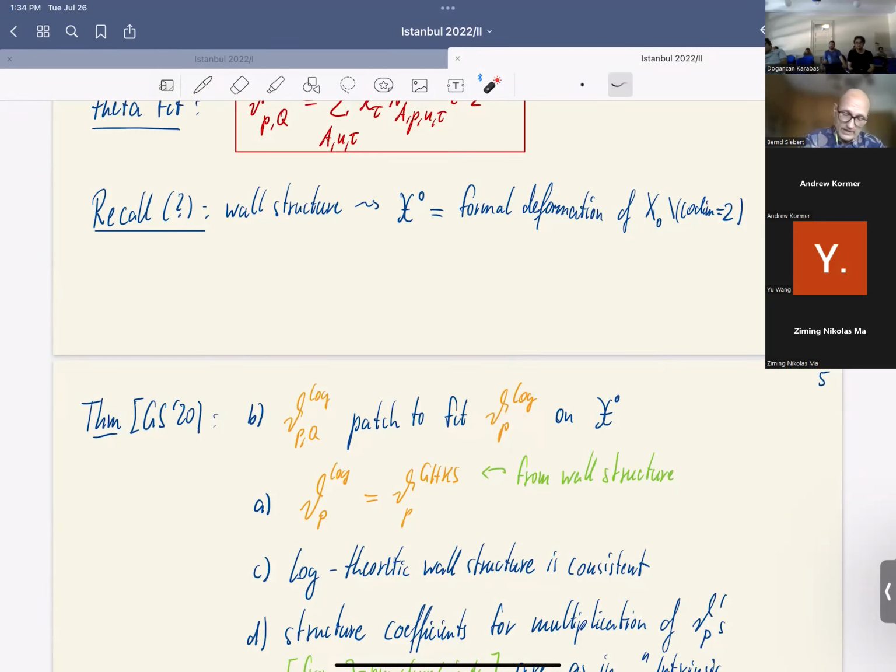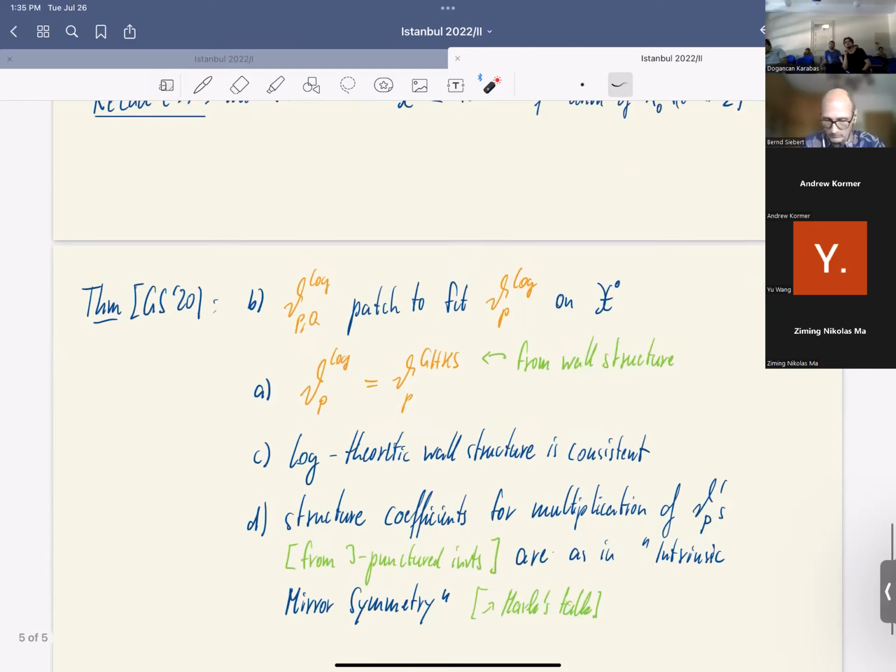These agree with the theta functions you obtain from broken lines if you feed the wall structure defined by one punctured invariants into the algorithm. Okay, so we have walls that we now produce. We have a canonical wall structure. They give you theta functions by an algebraic combinatorial procedure. We have theta functions defined by log geometry, and they agree.